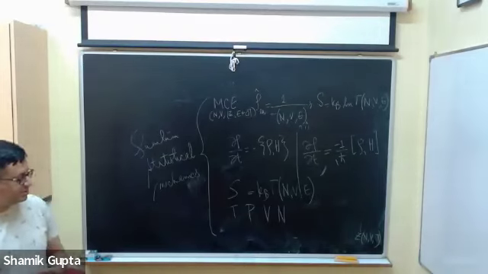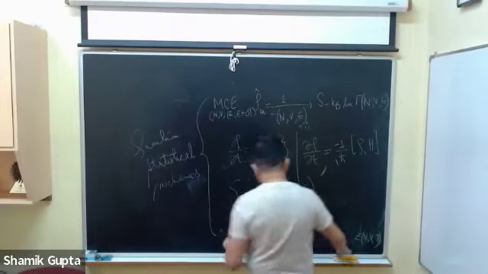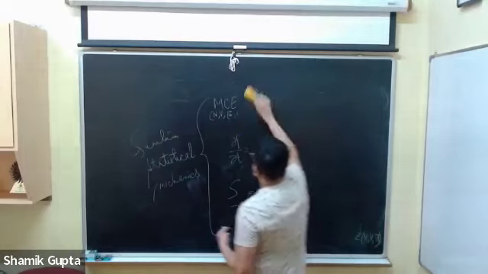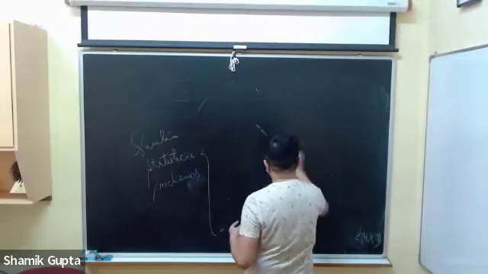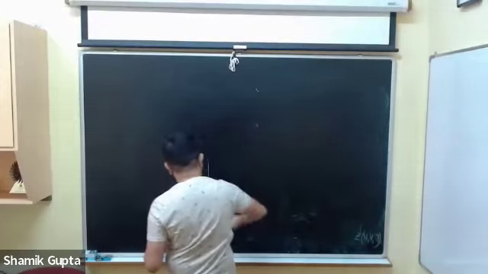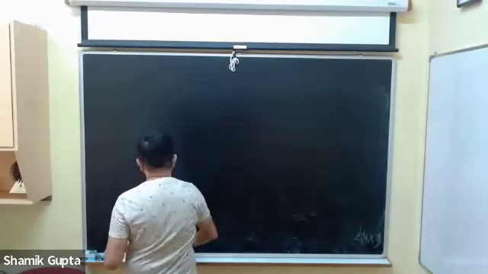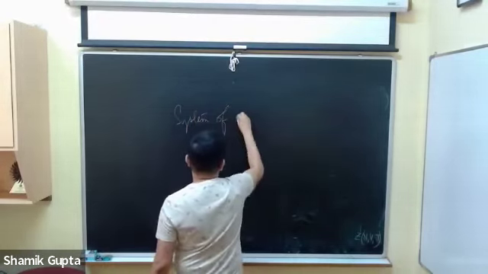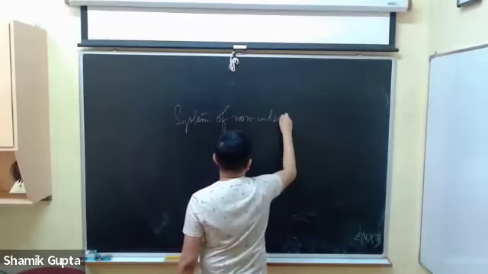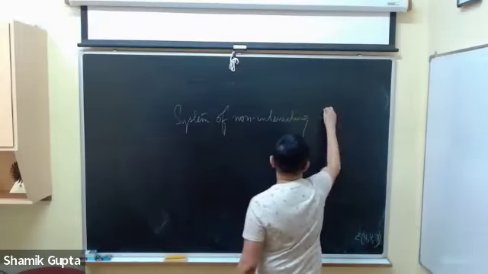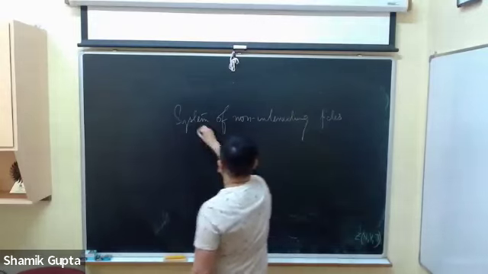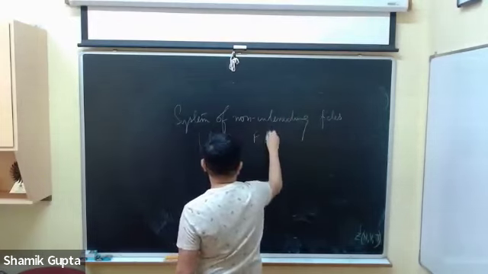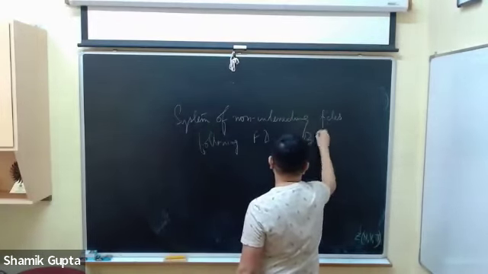Since there are no other questions, let me just tell you quickly what we will do in the afternoon class. We will consider a system of non-interacting particles following either Fermi-Dirac or Bose-Einstein statistics.